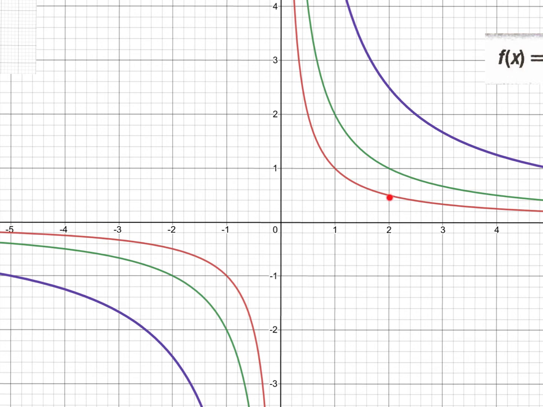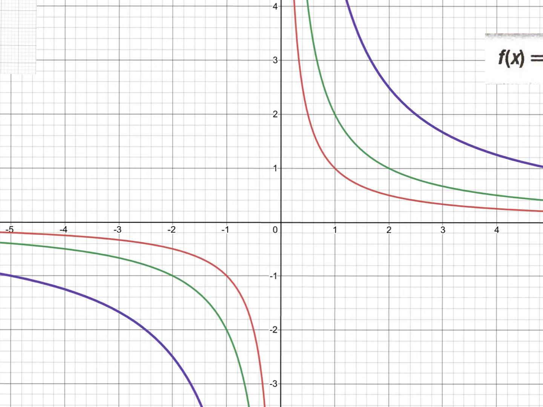So I'm just going to go to this location and that location. Now, when I increase it to a 2, it gets further pulled away from the x-axis. So it gets vertically stretched by a factor of 2. Okay? Or if you were to change it to a 5, then it gets vertically stretched by 5.